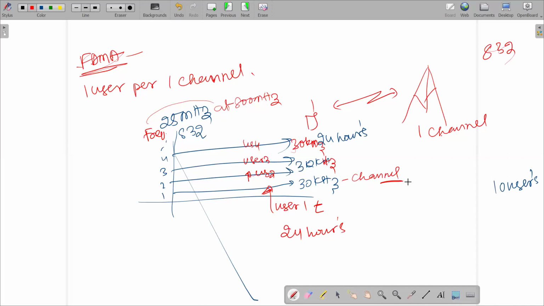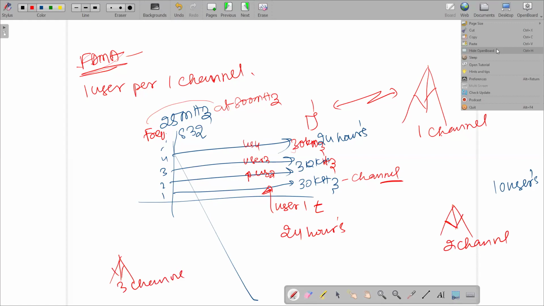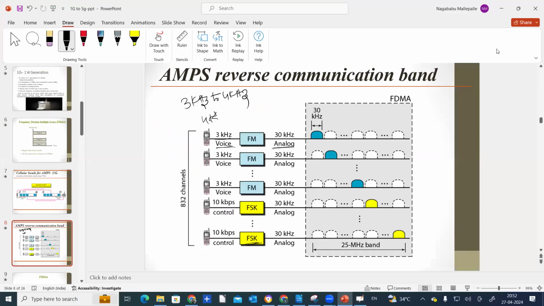Okay. So in a particular city like New York, 832 base stations were installed, and each base station was assigned one channel. This is the first channel assigned, another base station installed, second channel assigned, third channel assigned. So at a time, how many people can communicate in the entire city, New York for example, because 1G was there?